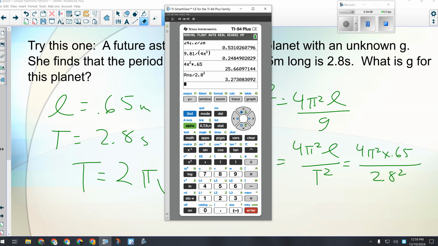The acceleration due to gravity on that planet is 3.27 meters per second squared, which means it's probably Mars, where the gravity is 1/3 of Earth. That is almost exactly 1/3 of 9.81.